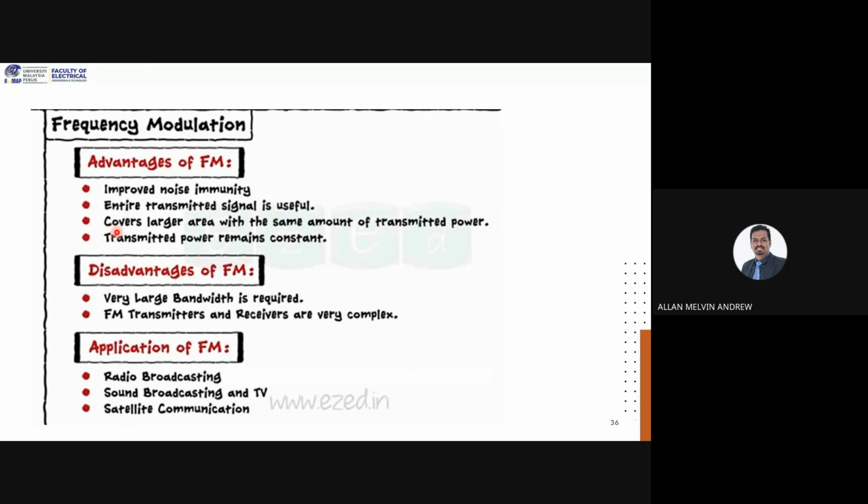Okay, and it covers a larger area with the same amount of transmitted power. This we have seen in chapter 3. The power will be the same, and it covers a larger area compared to AM, and the transmitted power remains constant. This is one advantage, because we are concerned about how much power we use.